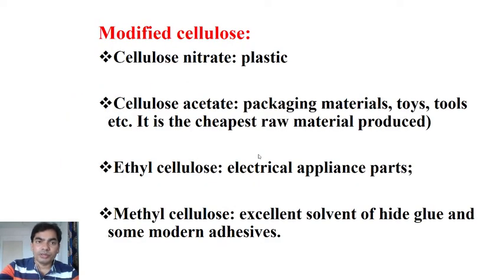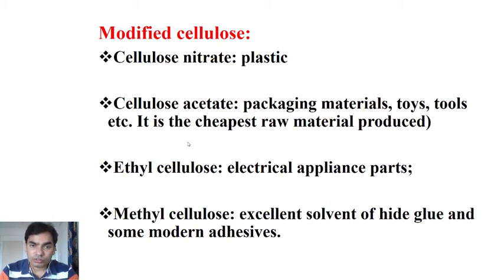That is also made up of cellulose. There are many modified forms of cellulose that we use in different industries. Cellulose nitrate is an artificial, biodegradable plastic that we use. Cellulose acetate we use in packaging of material and making toys and tools, and it is the cheapest raw material available on earth.